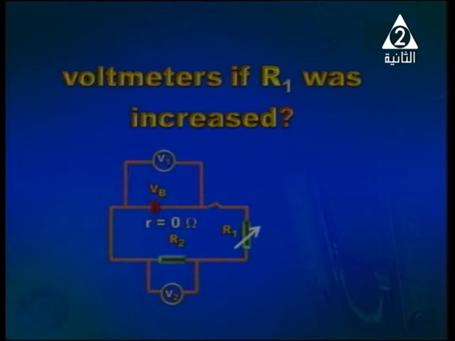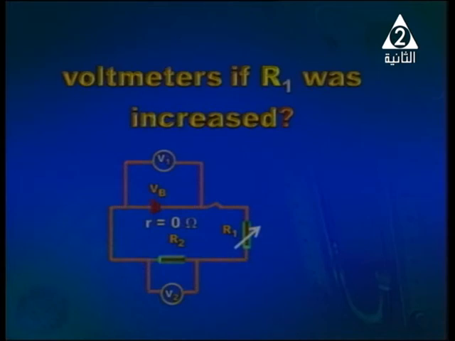V1, which is terminal voltage, will be equal to V battery. V battery changes when we change the battery. We didn't change the battery, so V1 will be constant. It won't be altered. Okay, this is very important. Internal resistance is equal to 0, so V external is constant since it is equal to V battery.